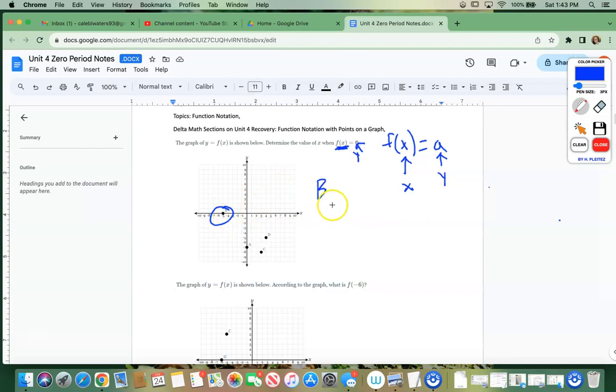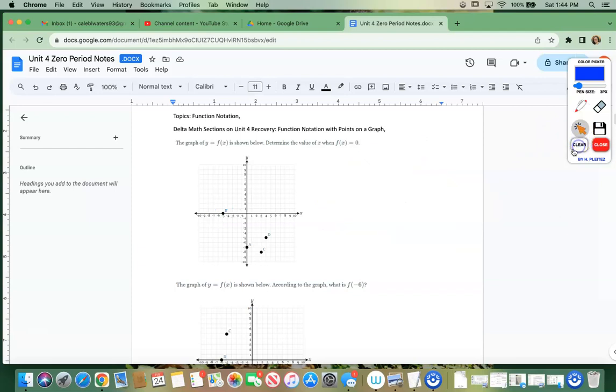If you look, the x value is -5. That means we could write f of -5 is 0. So in other words, for function f, when your x is -5, your y value is 0. Okay, so that's what that is saying.